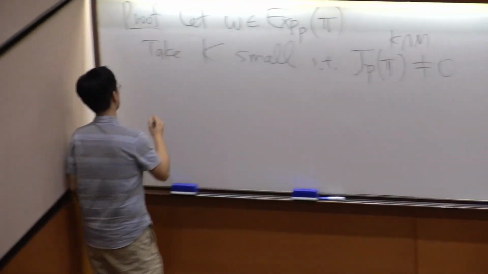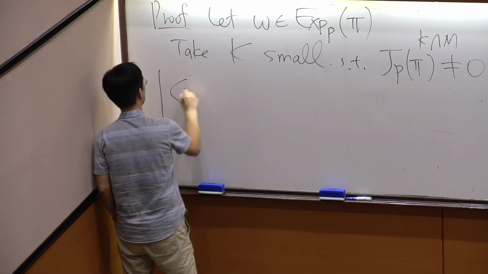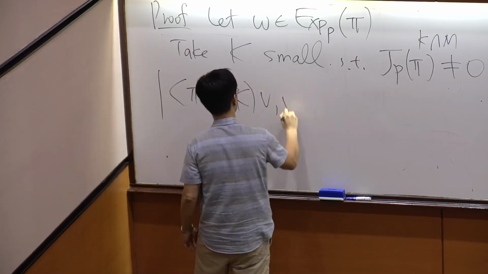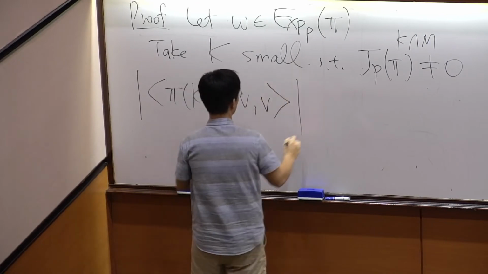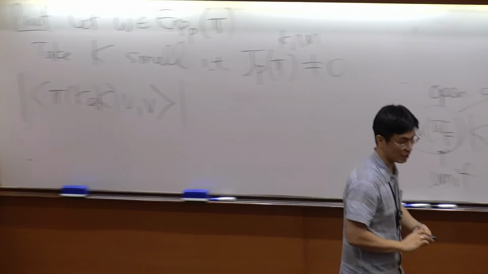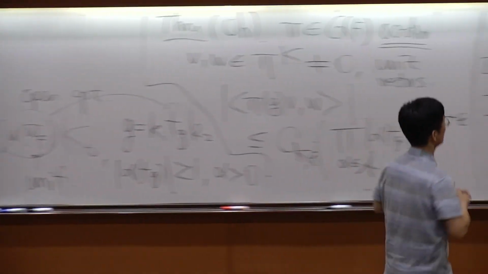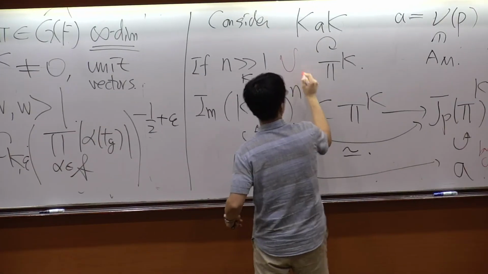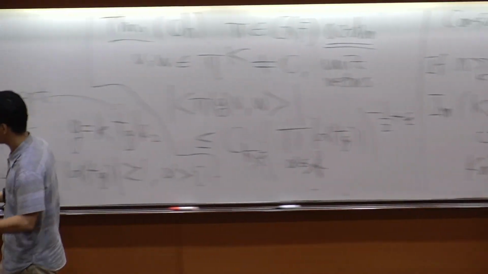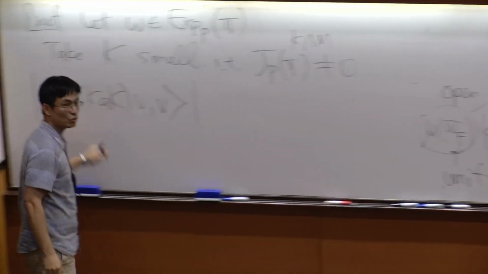So what do we do? Well, you look at v, some unit vector that corresponds to v0 under the isomorphism. And you compute this in two different ways.